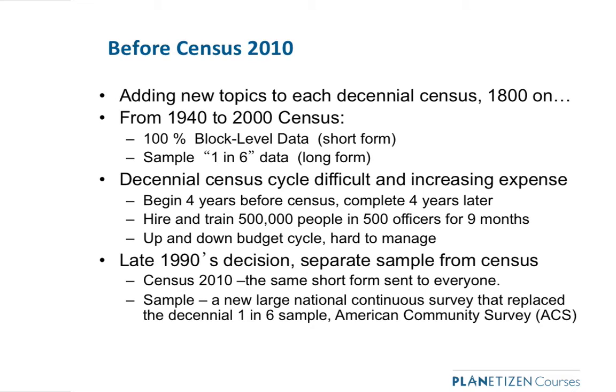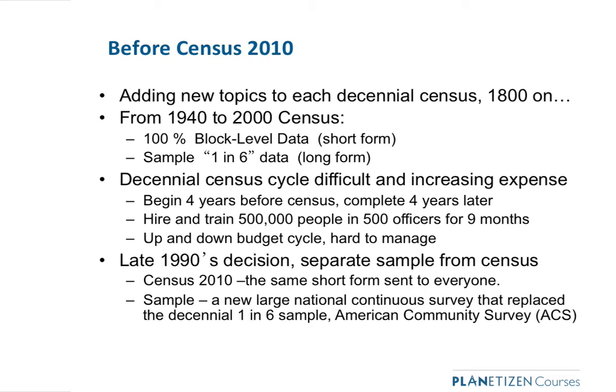It was only about 8 questions, the very basic questions. Who lives there, age, sex, relationships to the reference person, housing unit vacant or not, and that was about it. And these data were then available down to every single block, those 11 million blocks throughout the country.